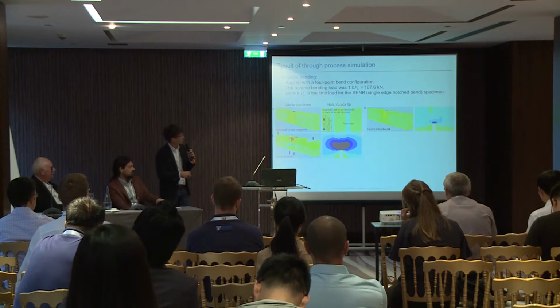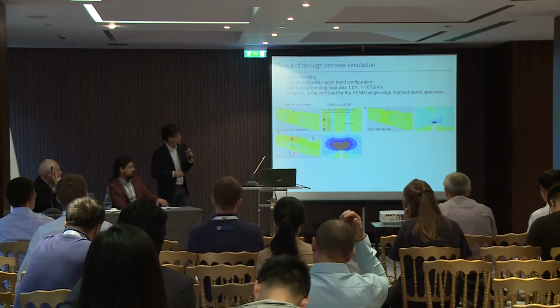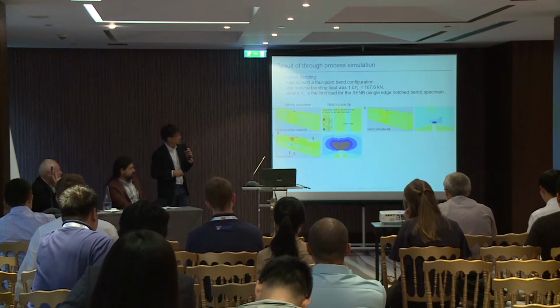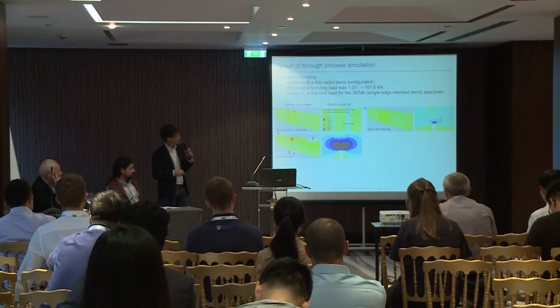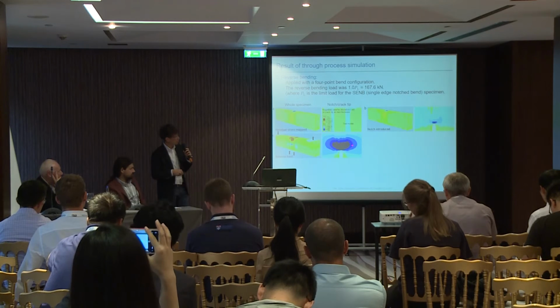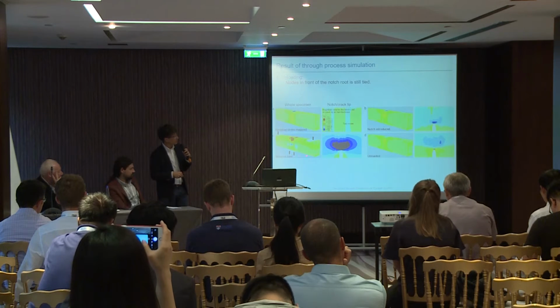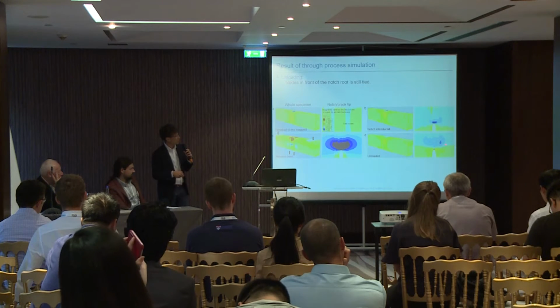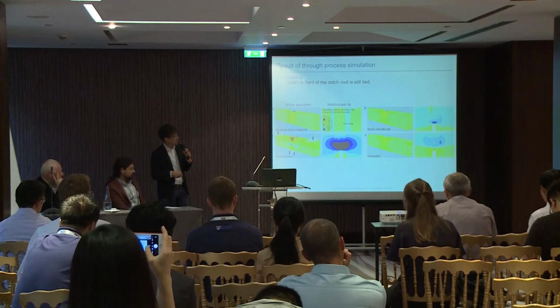And then this is the residual stress modification process. Reverse bending is applied, so the notch part is compressed like this, and compressive stress occurs in the notch root. After that, the reverse bending is unloaded, and the compressed part changes to tensile stress.